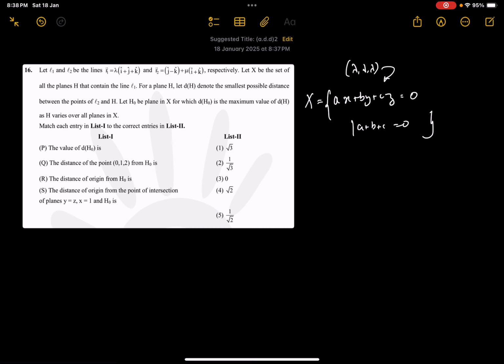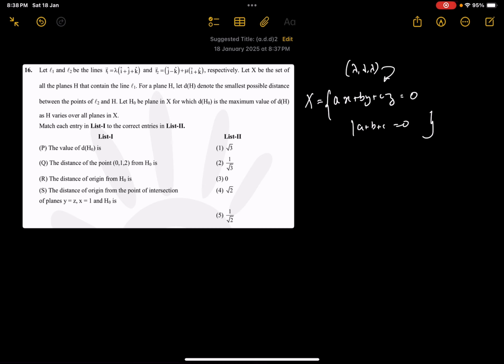We have L2. So d_H denotes the smallest possible distance between the points of L2 and H. As we just saw, if the smallest possible distance is not 0, then the line L2 is parallel to plane H from X. Let H0 be a plane in X for which d_H0 is the maximum. So if d_H0 is the maximum, that means d_H0 is non-zero.